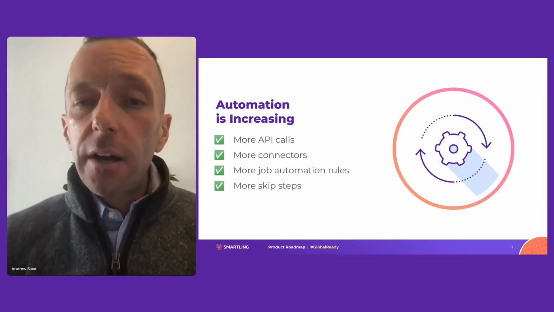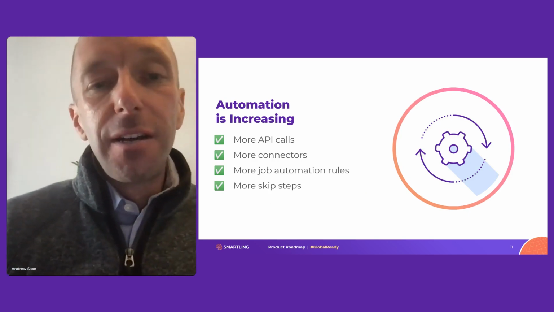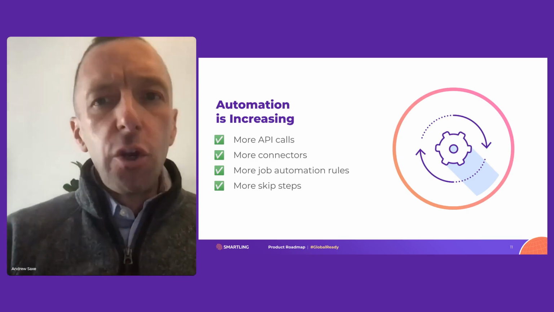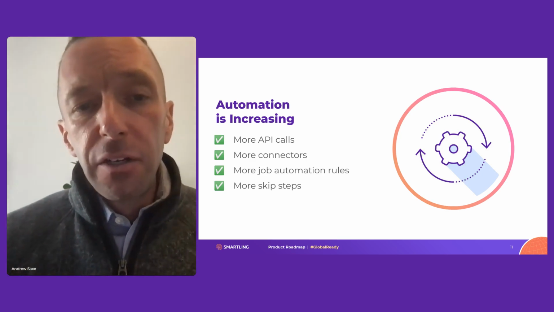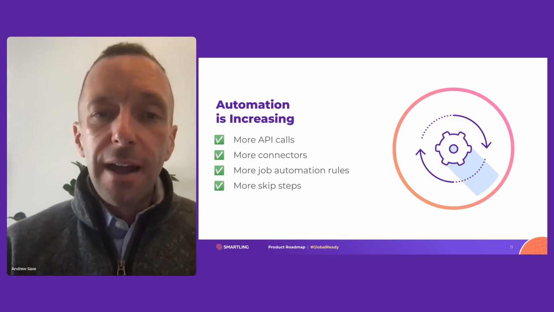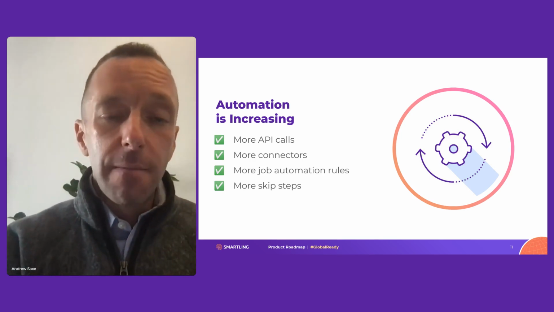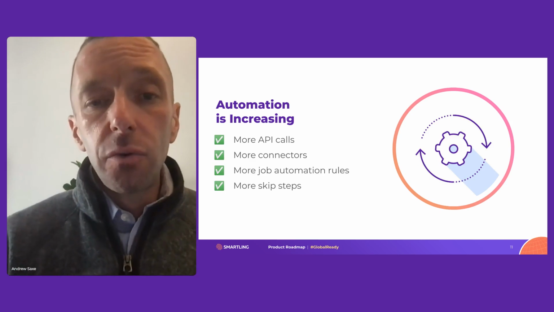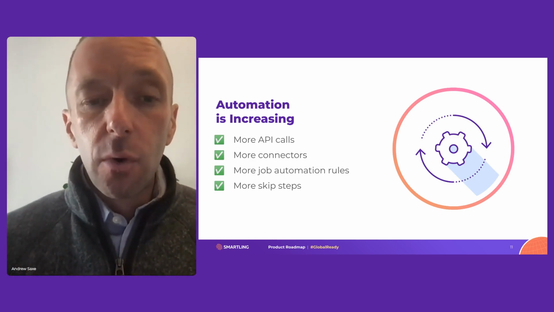Third, we're seeing a lot of adoption of automation in the platform and more automation tools. That's where humans are not in the process. So more connectors are being used. There are more API calls than ever for content being put into the platform and delivered back to where it came from. We see more and more customers using job automation rules to package content and automatically push the content through a workflow.